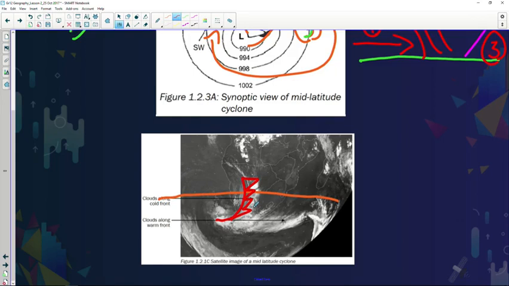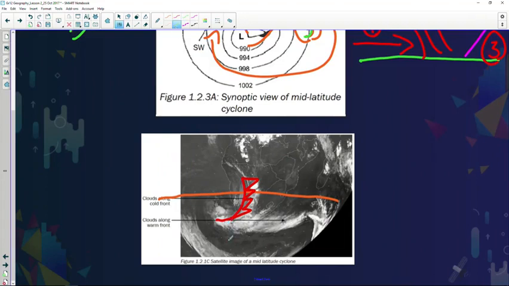Now look at the cloud formation over there. Why is there cloud formation? Because that air is being forced to rise. And if you force this warm air to rise, what happens? Remember, it's going to cool, it's going to condense, and we get cloud formation. The warm front, as you can see, we do not see in South Africa. The system moves from west to east.